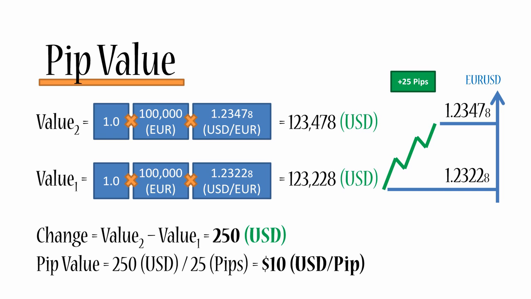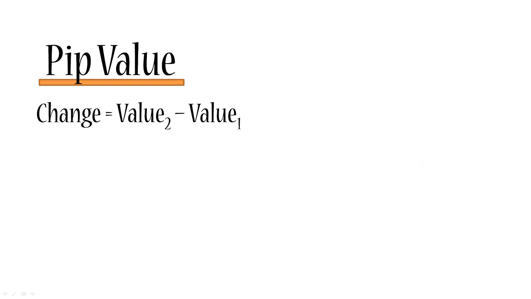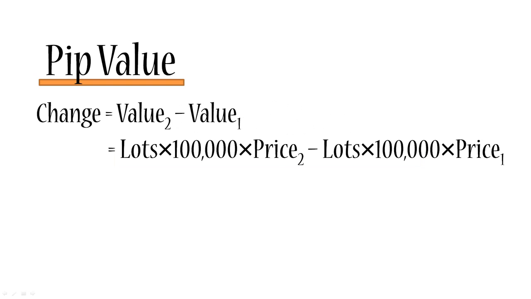That was quite simple and straightforward. All we had to do was take the difference in values, which we calculate separately, and divide by the difference in pips. Now let's look at a general form of this calculation. So to start off with, we calculate the change, which is value 2 minus value 1. Value 2 is lots times 100,000 units of base currency times price 2.